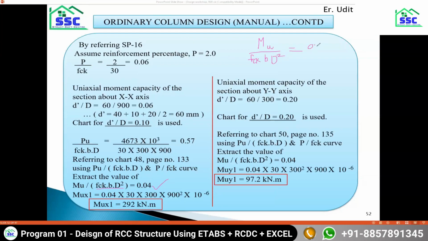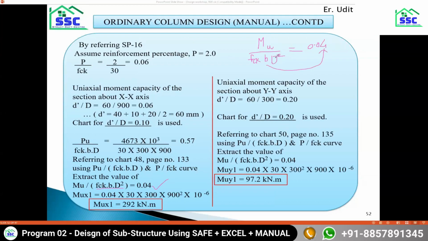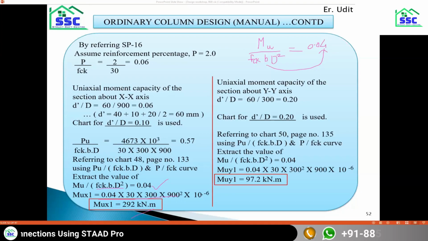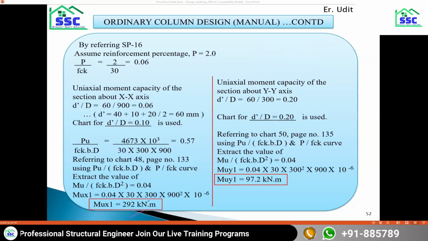Practicing engineers obviously know this. So if you simply take all these terms to the right hand side, and multiply them with 0.04, you end up with your bending moment capacity for this much amount of reinforcement as 292 kilonewton meter. This is your bending moment capacity, my friends.